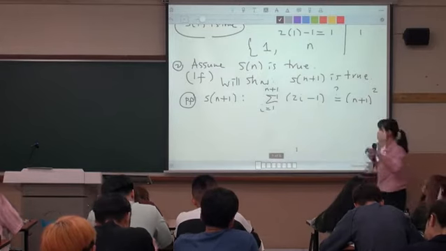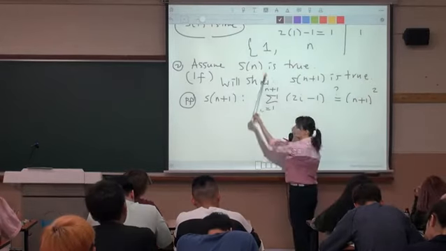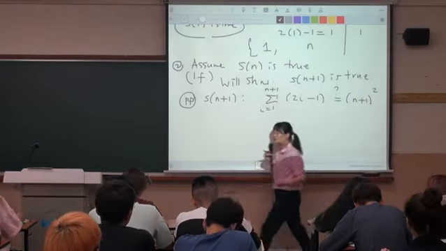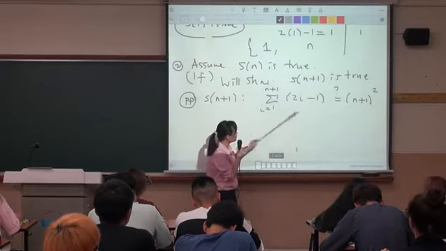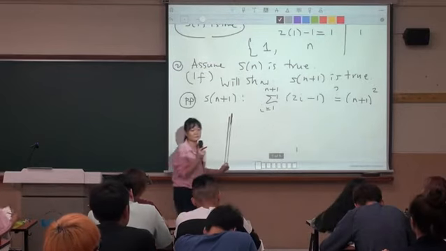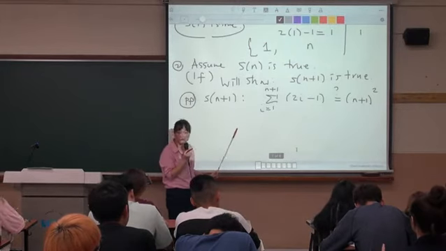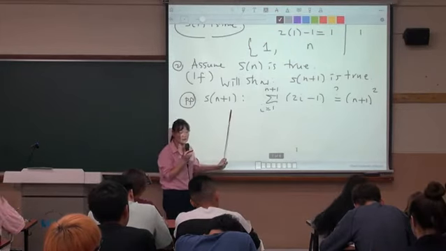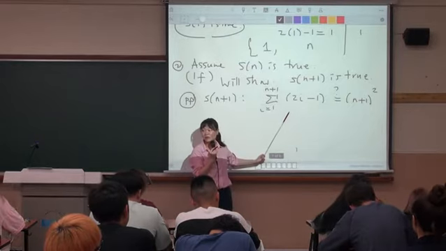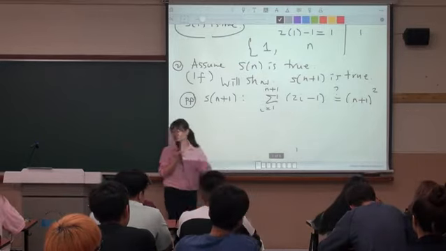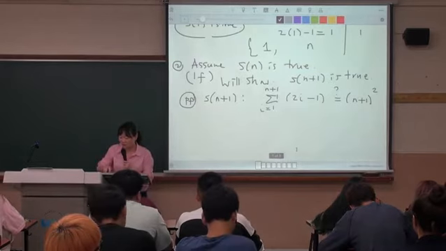So to show this, we use what is given. We know that Sn is true. So how can I break this sum? Summation i equal to 1 to n, and then I can separate the n plus 1 term, and use our assumption.